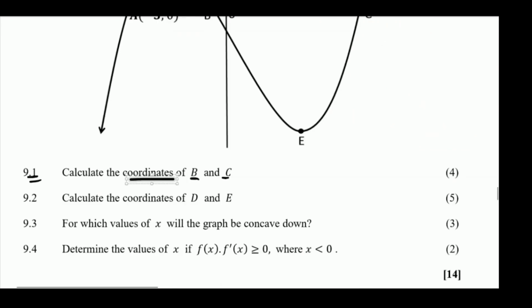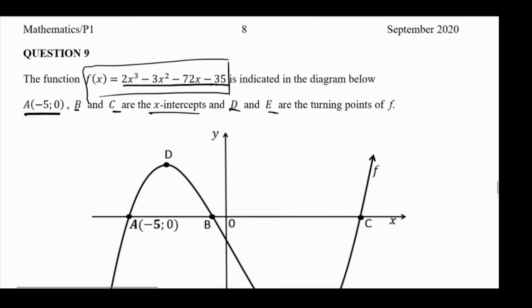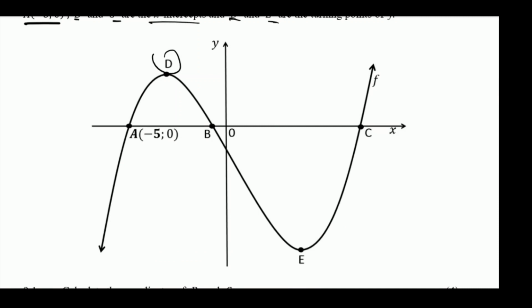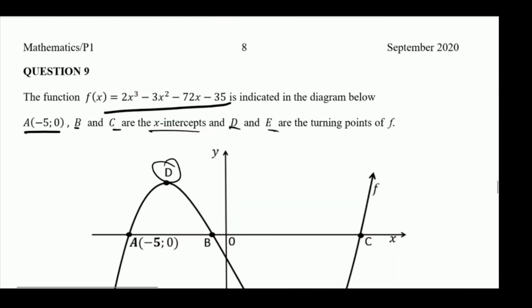Now we are going to do 9.2, where we are asked to find the coordinates of d and e, right? So for us to find those coordinates, we're going to go back to this equation of f of x. So this is the equation, and d and e are the turning points. So basically what it means is we need to find the derivative of this f of x, right?